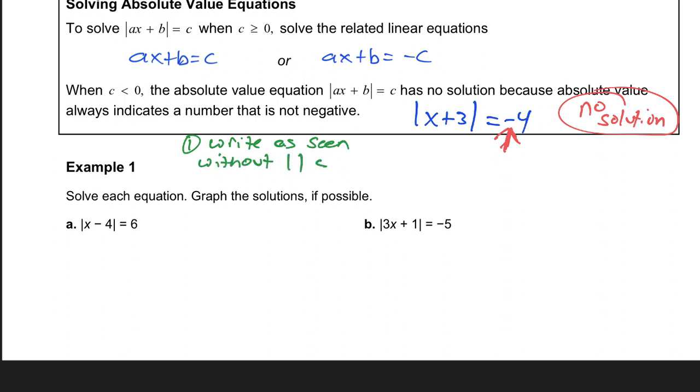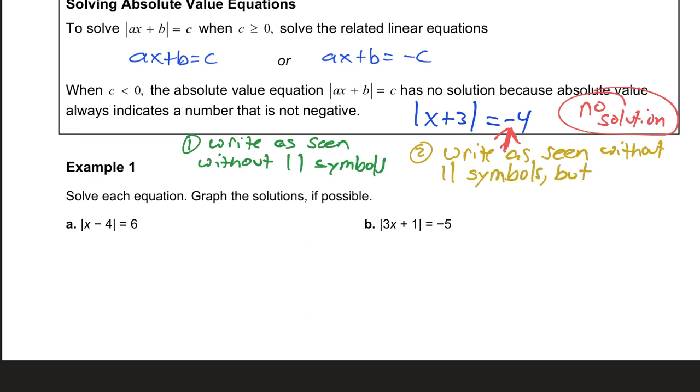The second equation, you write as seen without the absolute value symbols, but equal to a negative.